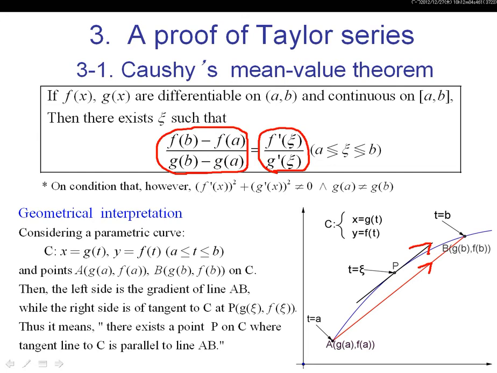And this is trivial, and it looks true for any differentiable curves like this one. In this case, we can take two P's. One is here, the other is here.